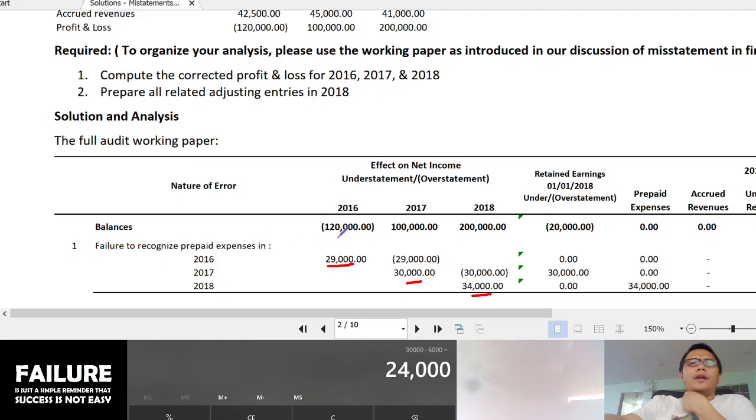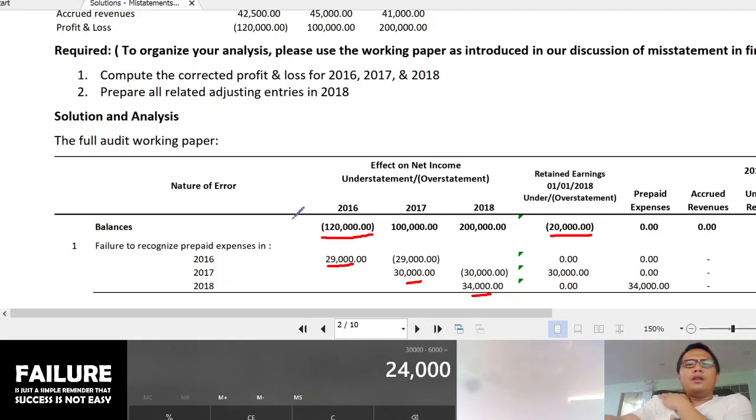By the way, no, these are the net income as presented, no, prior to any error adjustment. Okay? So we have in 2016, we have a net loss of 120,000. In 2017, we have a net income of 100, and in 2018, 200,000. In 2018, beginning, which is January 1, 2018, which is the year of audit or evaluation, no? We have negative retained earnings of 20,000. How did we get that?